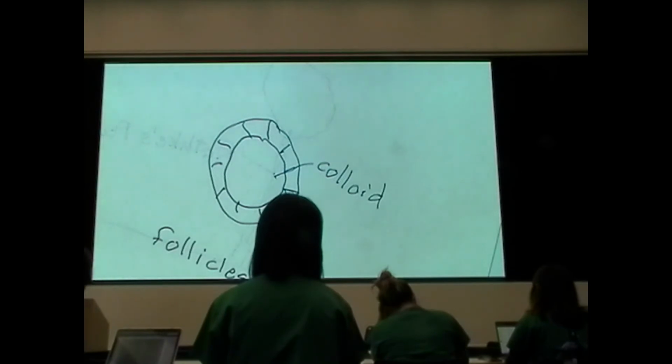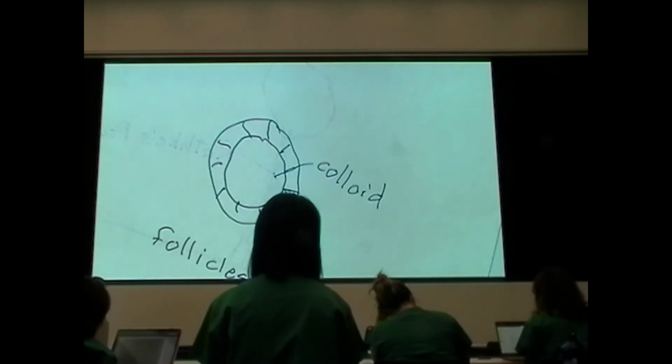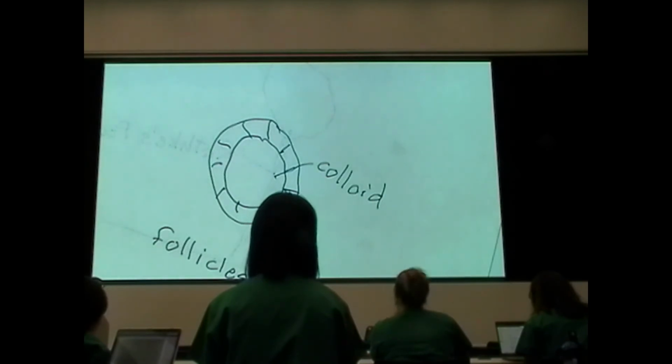If you examine the stimulated thyroid follicular cell, this is after it's been stimulated, you would see that the cytoplasm contains a lot of rough endoplasmic reticulum. And the rough endoplasmic reticulum produces a protein, which we call thyroglobulin.